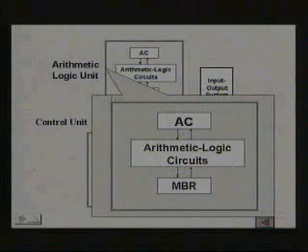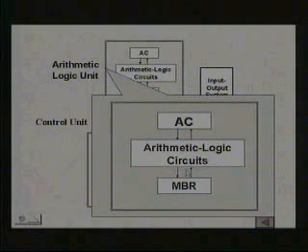Now you can see the arithmetic logic unit basically consists of arithmetic logic circuits, which will perform the required operation on the data, and a memory buffer register, whose job is to interface with the memory and get the required data from the memory as the case may be, and an accumulator register AC, which will be responsible for doing all the processing on the data.